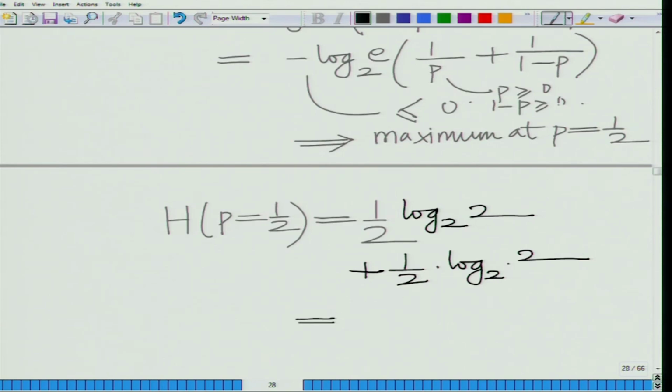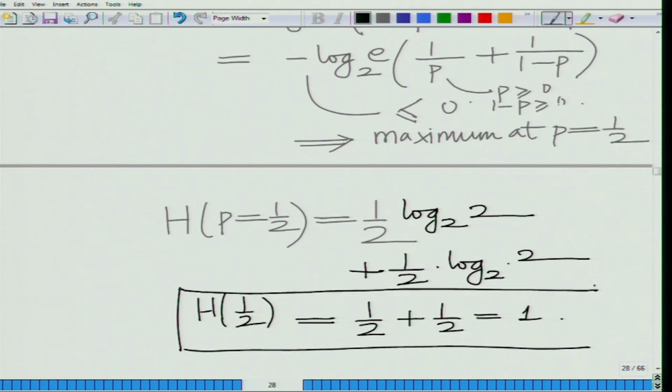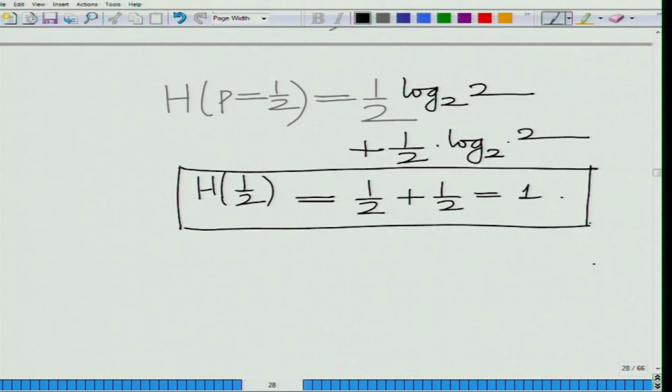Log to the base 2 of 2 is 1, so this is simply half plus half equals 1. So if you observe, this is something very interesting. H of half equals 1, which means this is 1 bit.